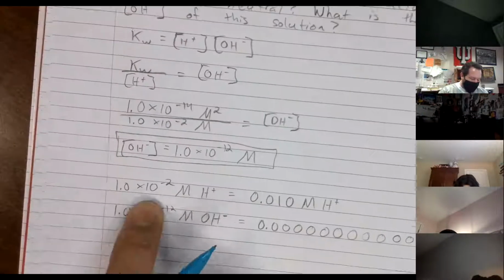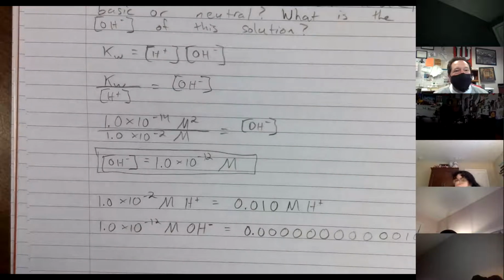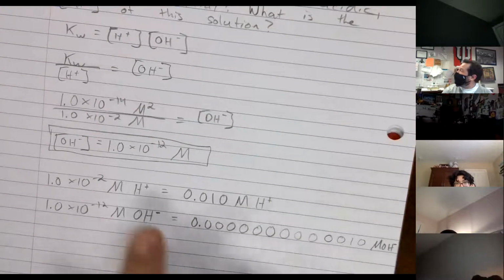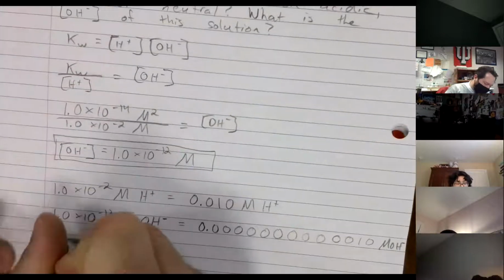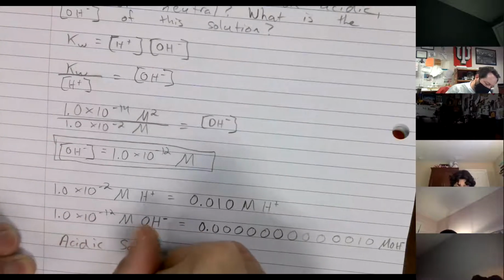I mean, it's 10 to the 10th times bigger. 10 to the 9th is a billion, so we're talking about 10 billion times bigger. So yes, this would be an acidic solution.